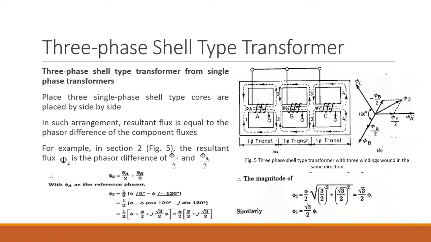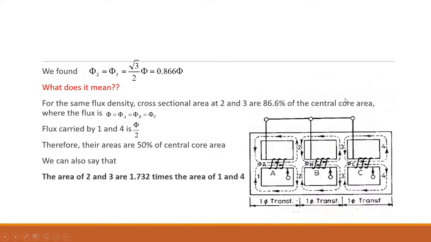So what we have seen here is that the flux in section 2 and section 3 is root 3 by 2 phi. Here it is basically phi by 2 and phi by 2.